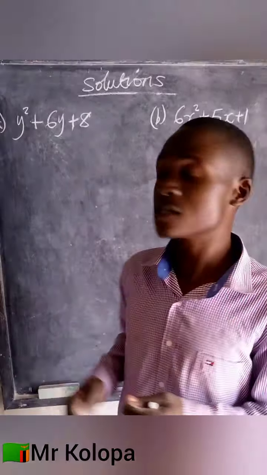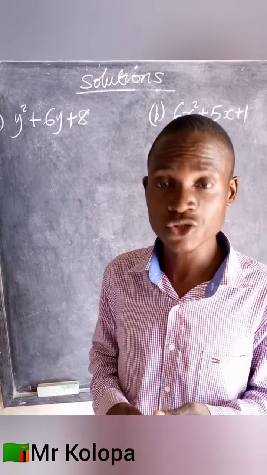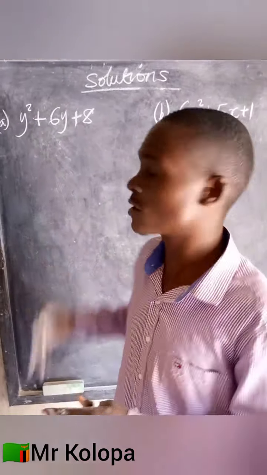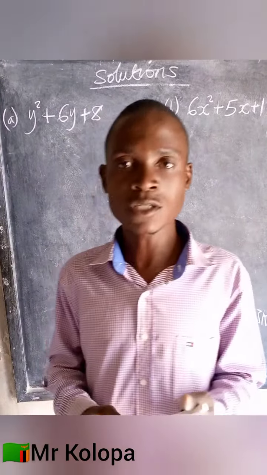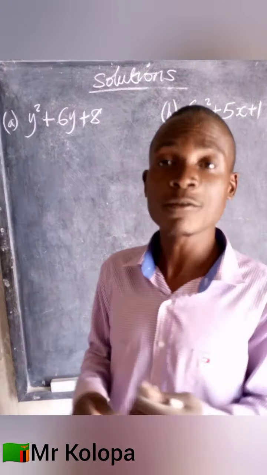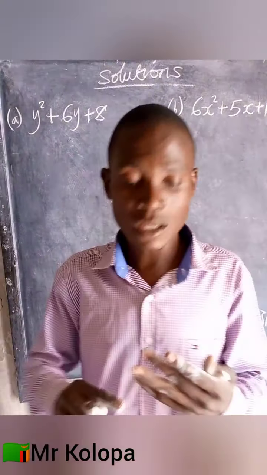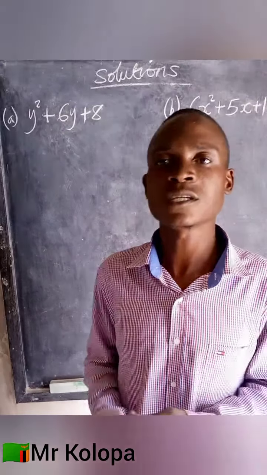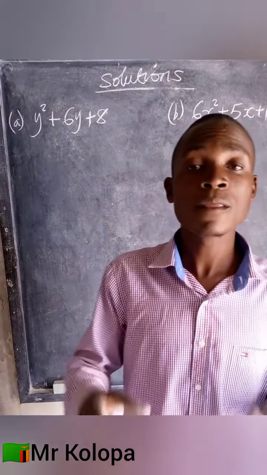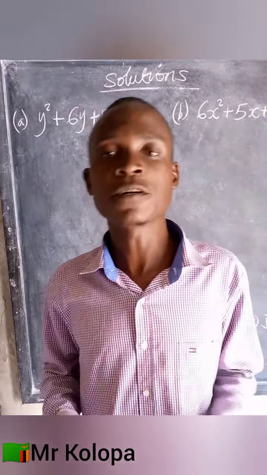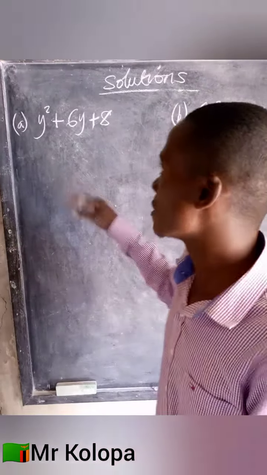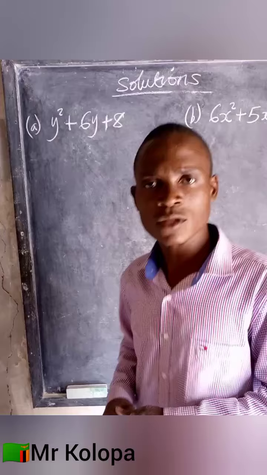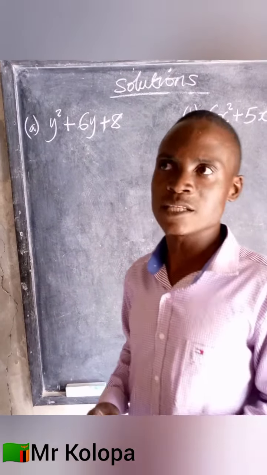If this is your first lesson to watch, make sure that you check the first lesson that we had on factorization, the common factor. The second one was grouping. Then the previous lesson was on how to factorize the difference of 2 squares. And this is the 4th one.